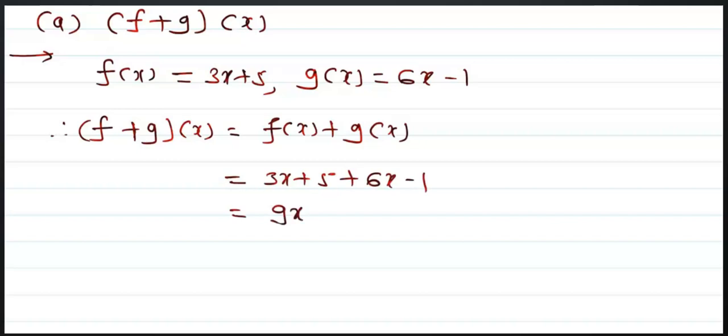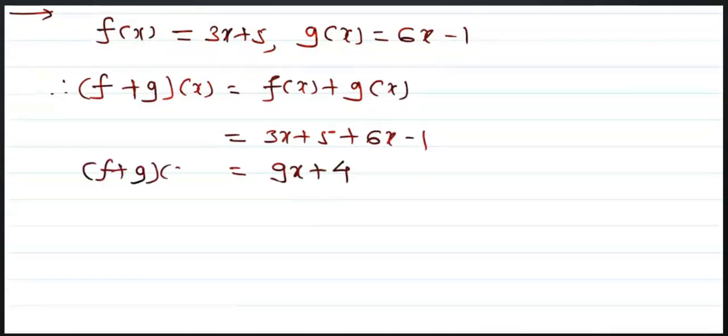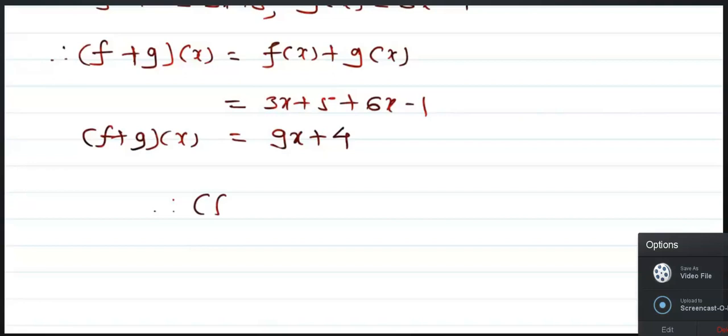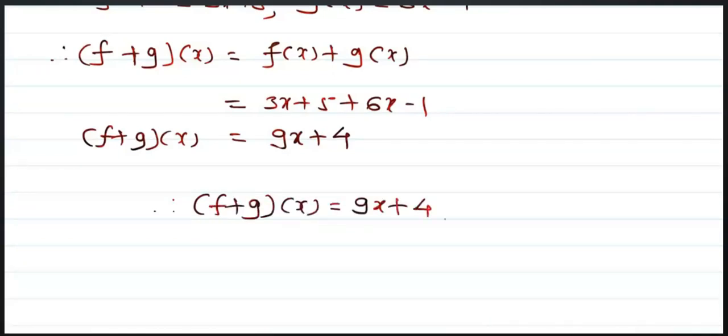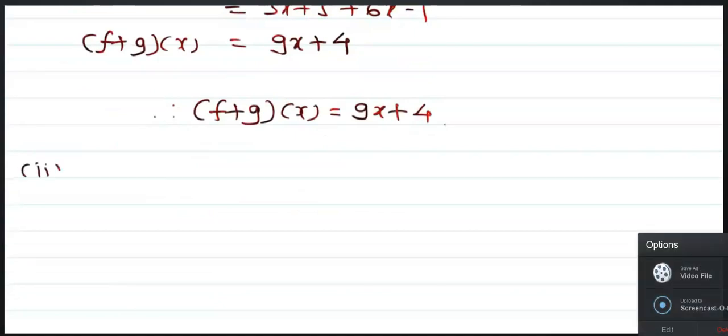Now their sum: f of x plus g of x is equal to 3x plus 5 plus 6x minus 1. 3x plus 6x is 9x. 5 minus 1 is 4. So (f plus g)(x) is equal to 9x plus 4.